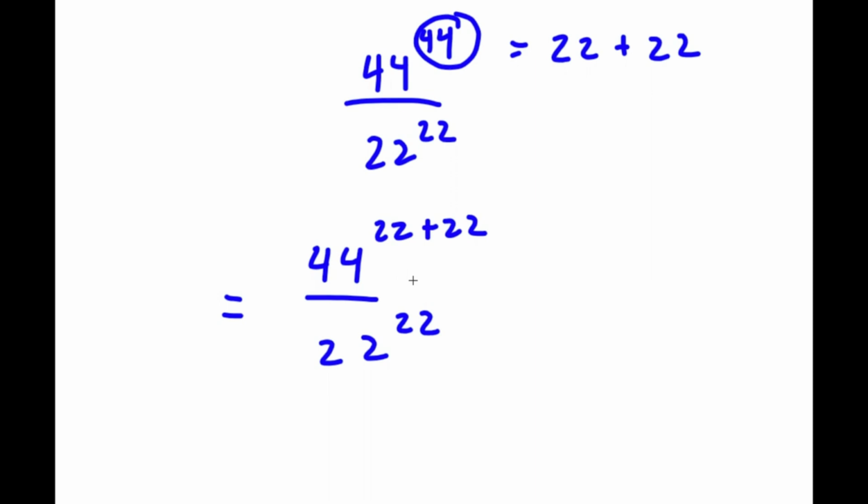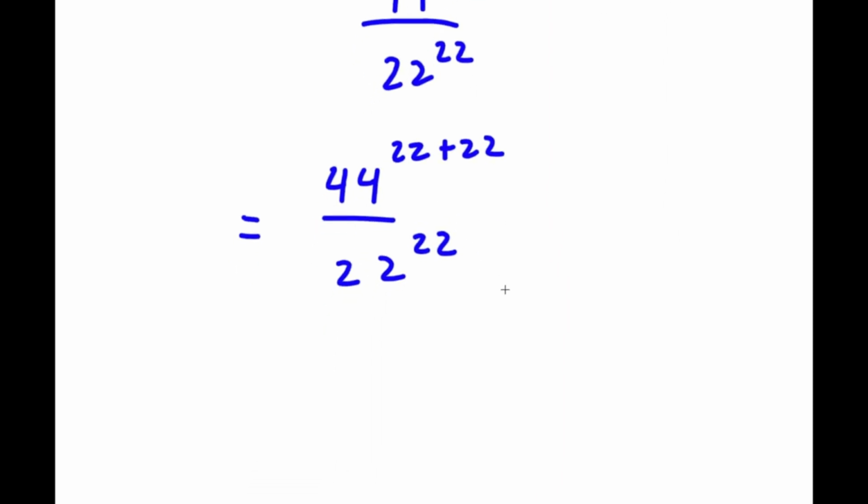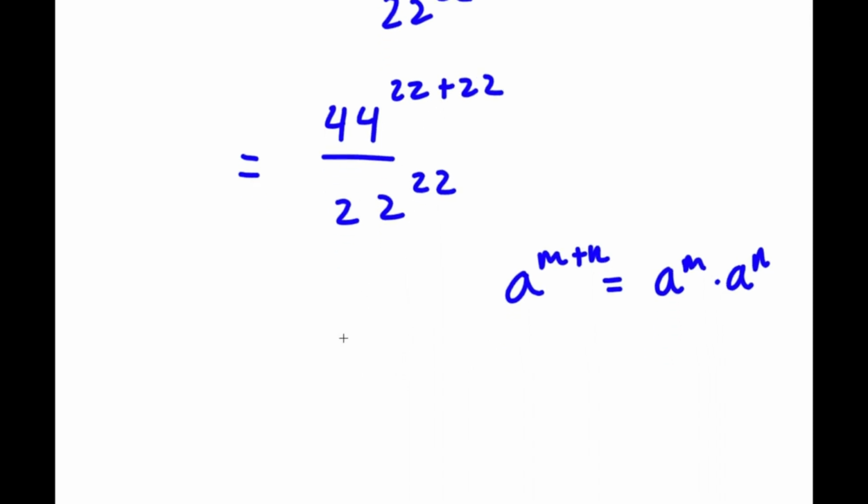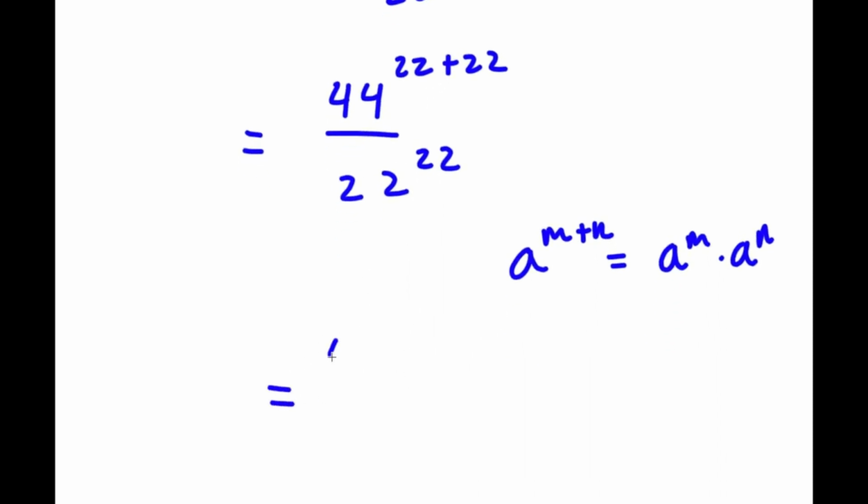So now, if I have something in the form a to the power of m plus n, this is equal to a to the power of m times a to the power of n. So in this case, 44 to the power of 22 plus 22, that's going to equal 44 to the power of 22 times 44 to the power of 22.